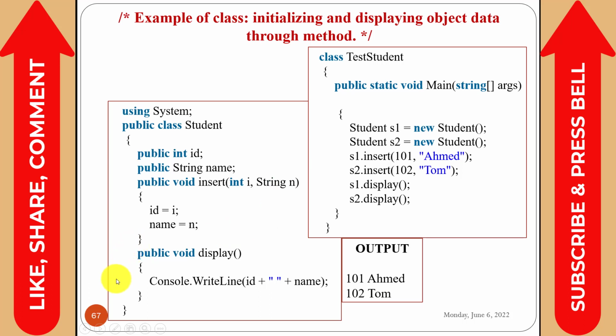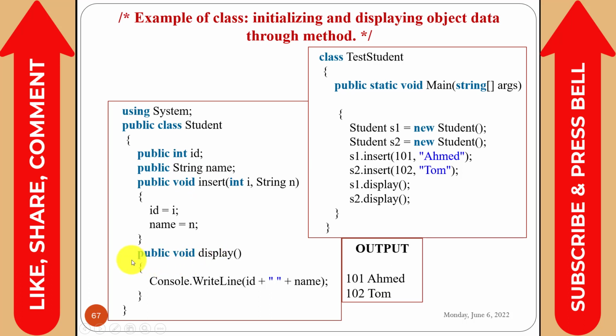We have one more method here, display. Display method is non-parameterized, or default. No argument we are passing to the display method, and non-returning value, so void return type. We have here the public keyword for the insert method and for the display method.